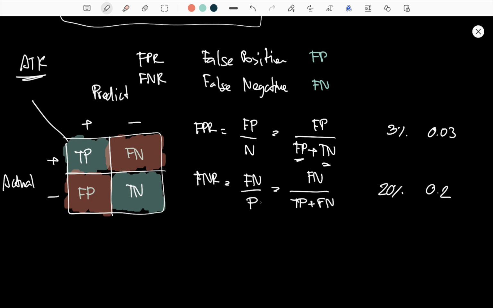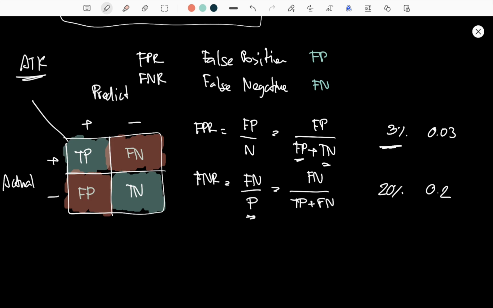It is that for all positive, for those who actually have COVID-19, 20% of them will be tested as negative. And for the false positive rate, for those who are not COVID-19 cases, the result will come back positive for 3% of them.